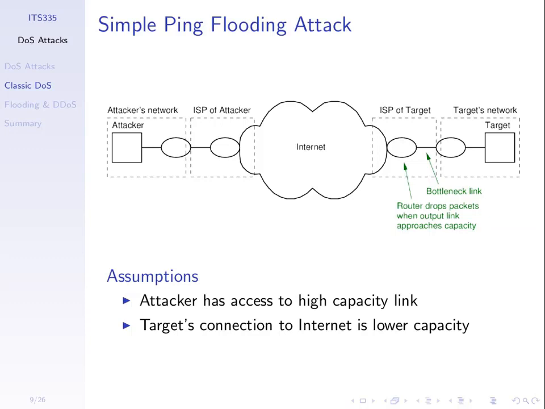You probably can't buy one in many places. So we assume that the attacker has access to a high capacity link, and there's maybe a high cost involved. The web server is usually run by an organization with a lot of resources. The attacker may not have so many. So how can we get around that from the attacker's perspective? The approach is to use multiple computers to do the attack.